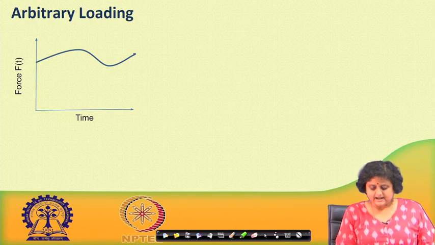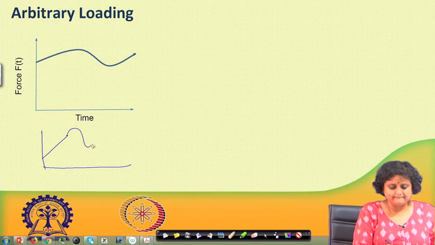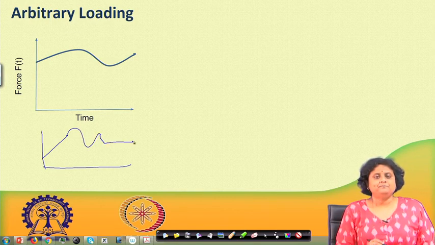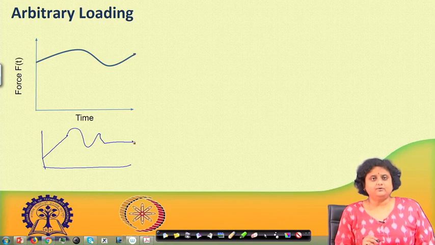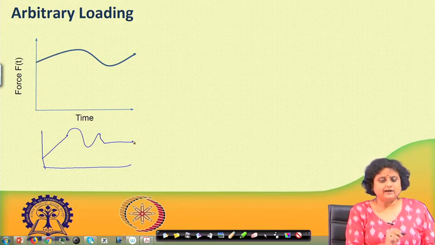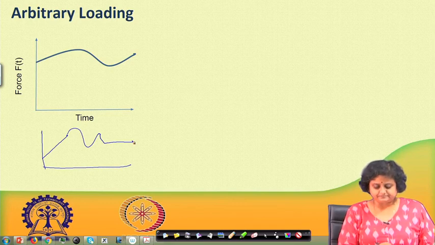Here I have drawn it in this way. It could be of any form, something like this. So, our next problem is how to solve a single degree of freedom system when such an arbitrary load acts on the system.